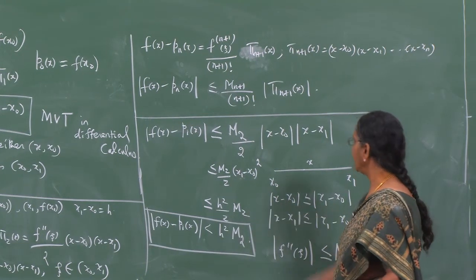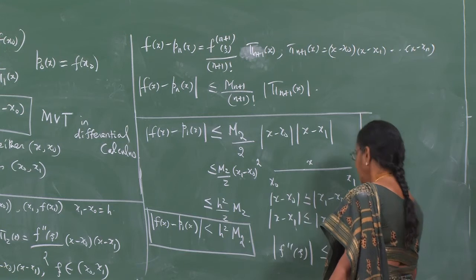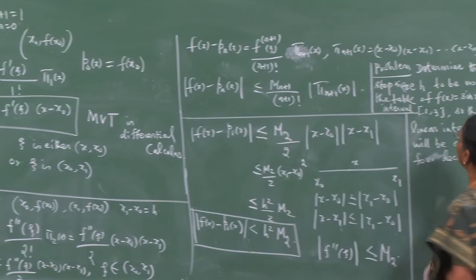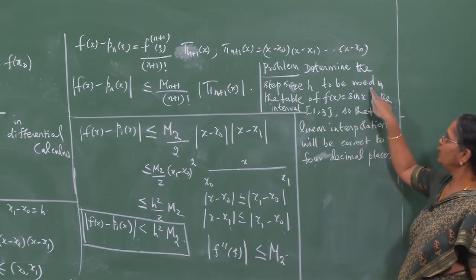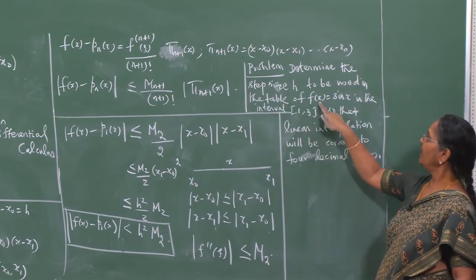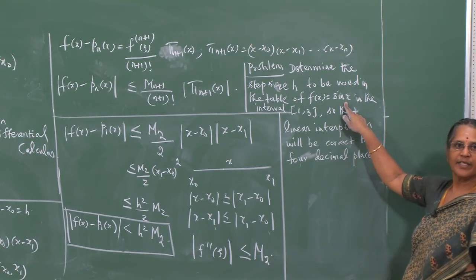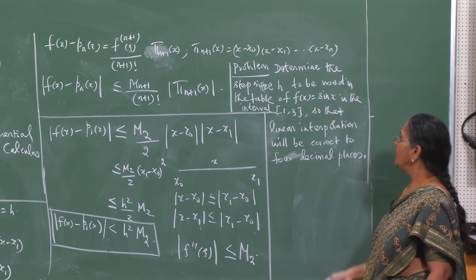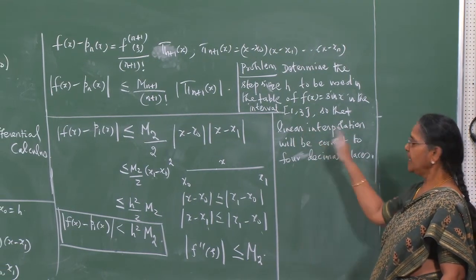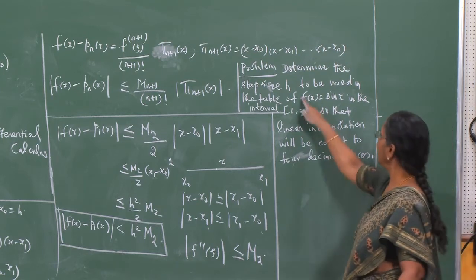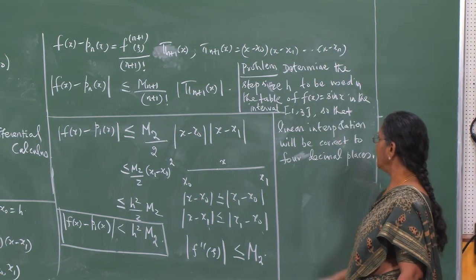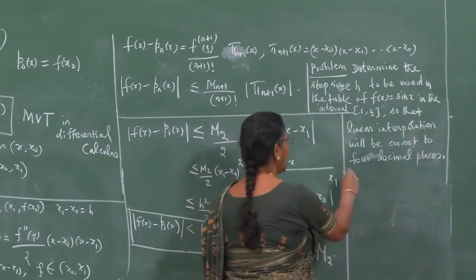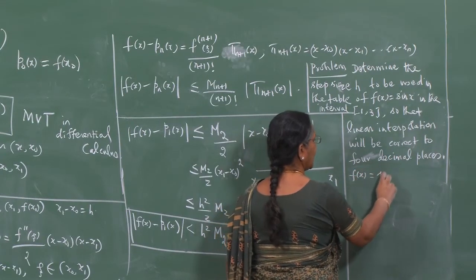So, let us consider an example and understand this result. The problem is to determine the step size h to be used in the table of f of x equal to sin x in the interval 1 to 3, so that the linear interpolation of sin x in this interval will be correct to 4 decimal places. So, we are given f of x is equal to sin x.